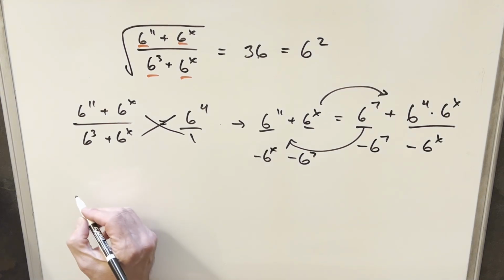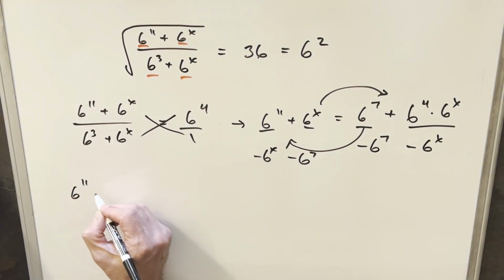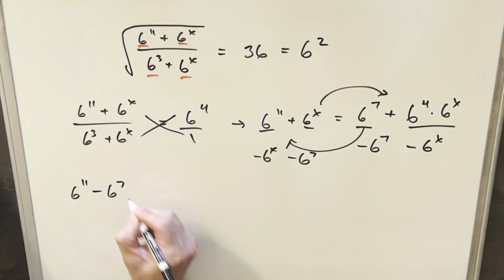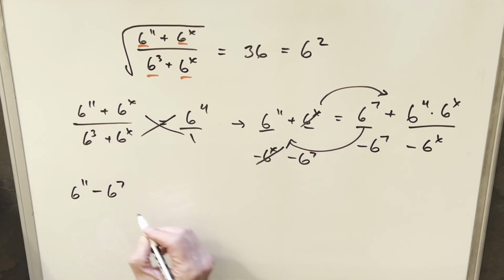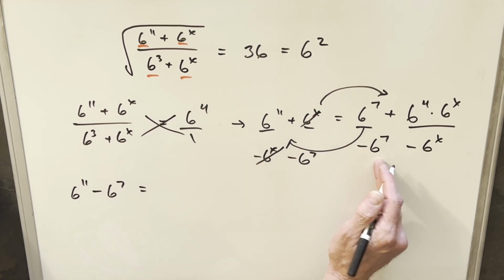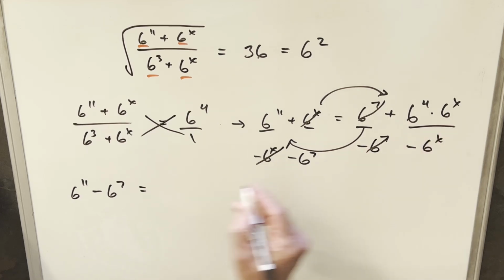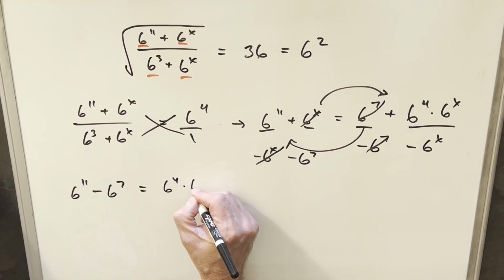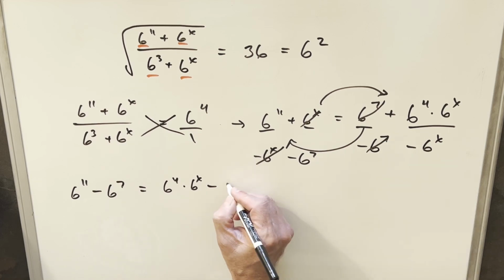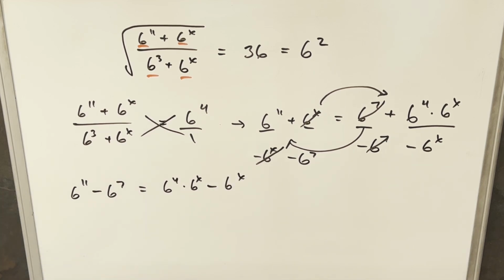Now let me clean that up to see what we have. On the left, we're going to have 6^11 minus 6^7, with this canceling. And on the right side, this cancels here. We're going to have this term, 6^4 times 6^x minus this one, 6^x. And then what I can do is factor out my common terms.